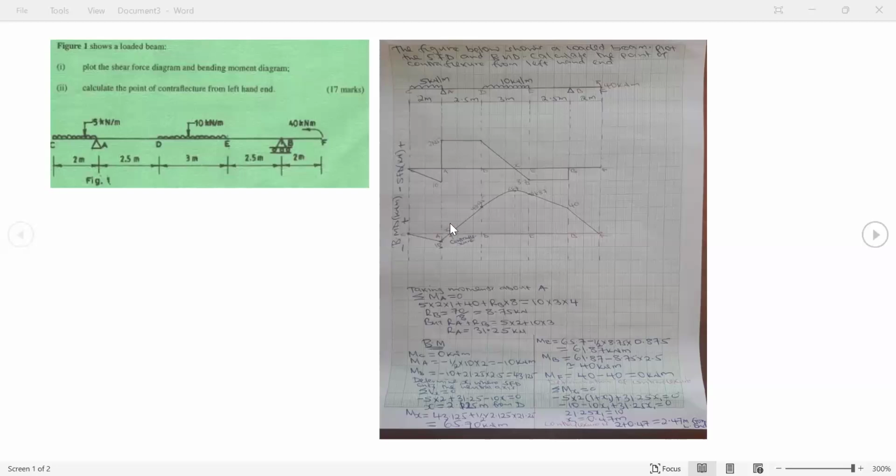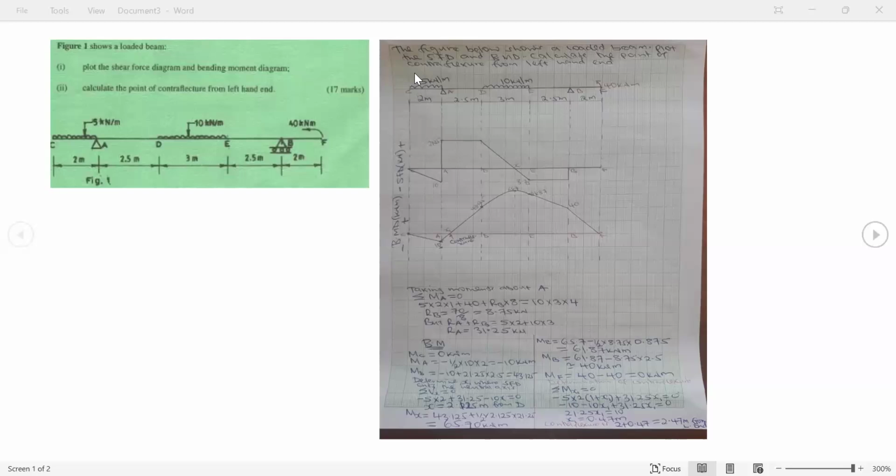So now take moments on the left of that x1. How many forces do I have? I have 2. I have a UDL of 5 kilonewton per meter, and I have a reaction RA. So we'll proceed and say, a UDL will give a negative moment because it is a negative force acting downward. I will take negative 5 times 2 to convert it to a point load.